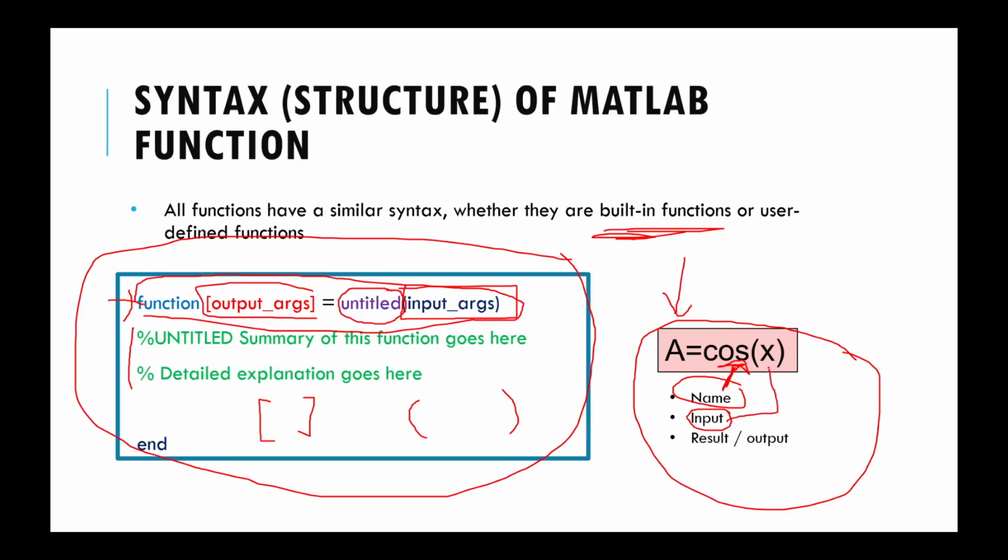Input here is the x variable inside this round bracket, and the output here is the variable a. Sometimes we call output arguments output variables and input arguments input variables. They mean the same thing.